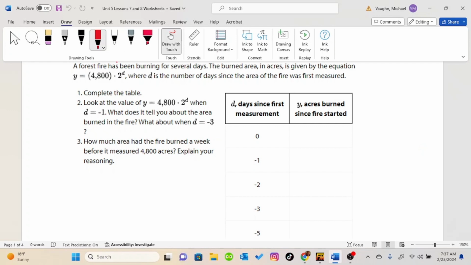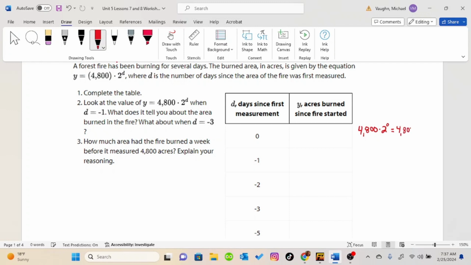So as we complete the table, if we say that d is 0, then 4,800 times 2 to the power of 0. Anything to the power of 0 is 1.